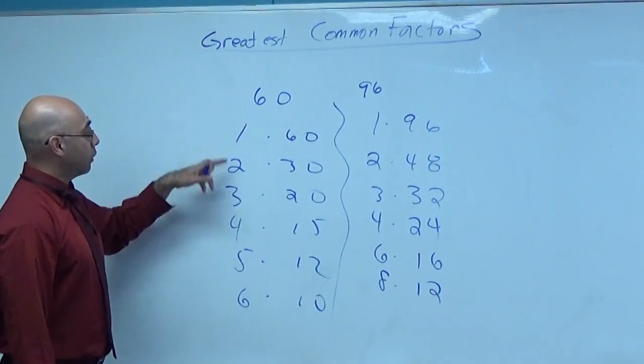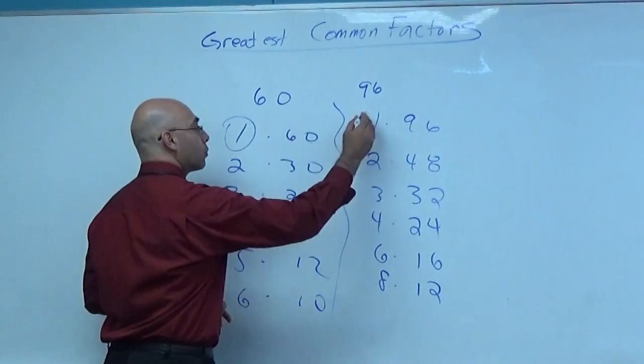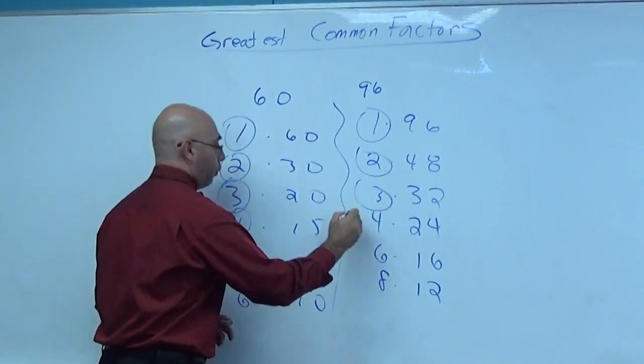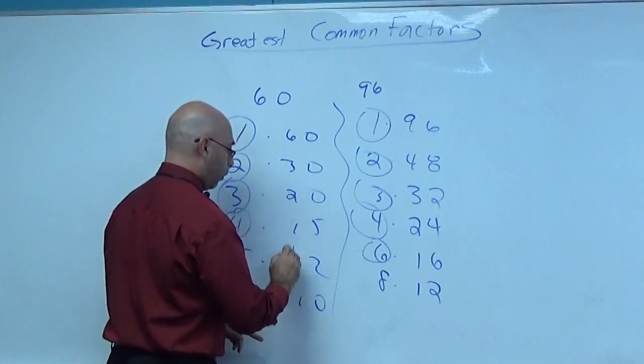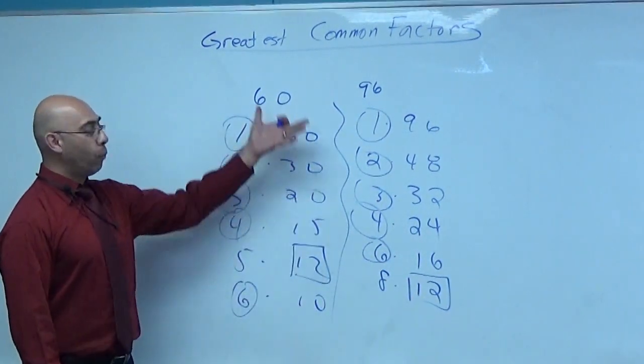Now you look at this whole list, you see what is the biggest one? So we looked at all the common ones and we circled 1 and 1, 2 and 2, 3 and 3, 4 and 4, 5 no, 6 and 6, 10 no, 12. Oh, it looks like that's it. That's our greatest common factor. Look at all that wonderful work.